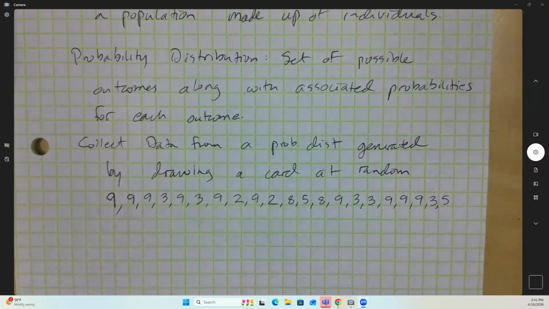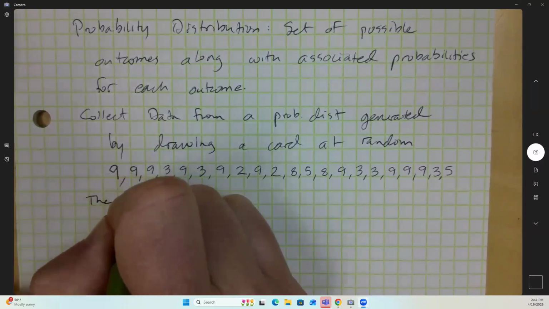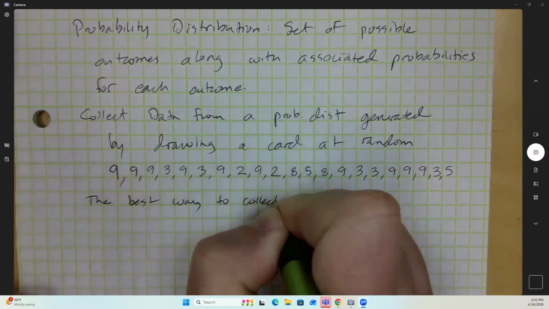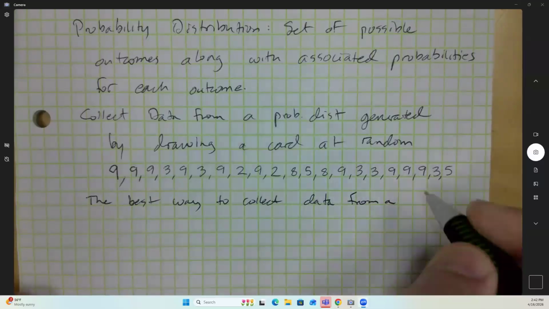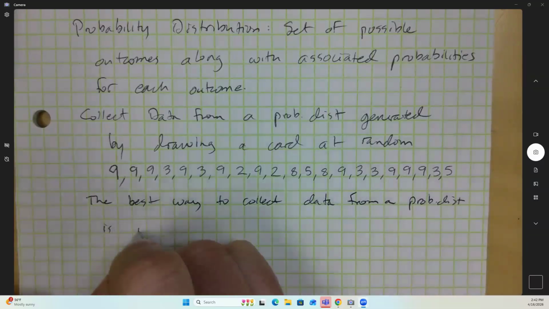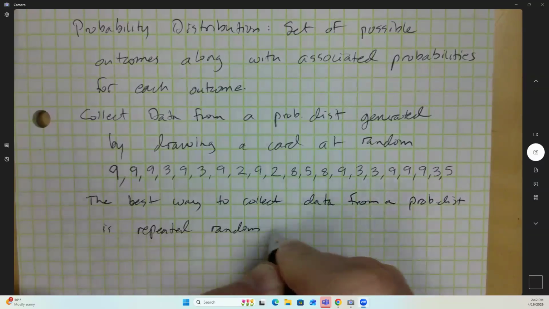So this is data drawn from a probability distribution. The best way to collect data from a probability distribution is repeated random sampling.